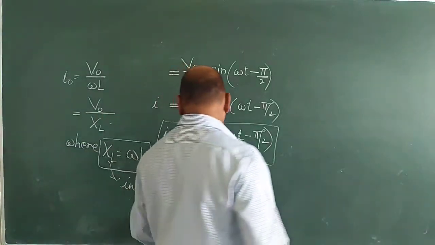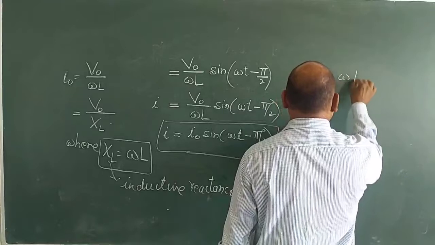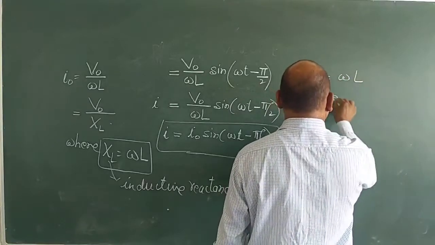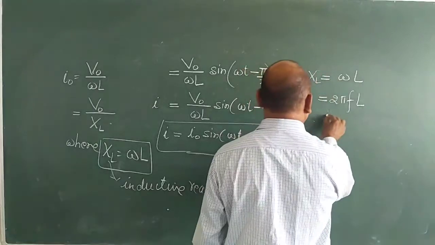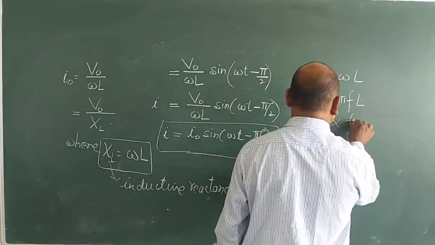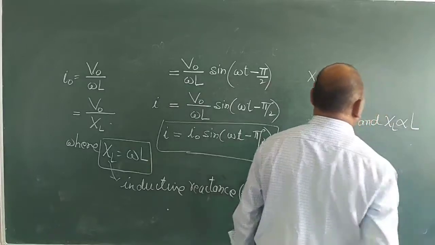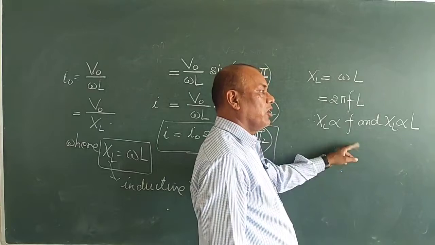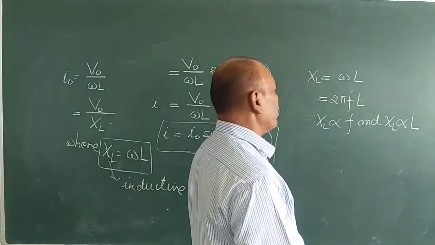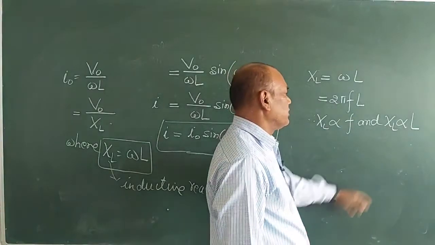Now, XL is equal to omega L, which becomes 2 pi F L. Therefore, XL is proportional to F and XL is proportional to L. If we increase the frequency of the alternating voltage or alternating current, then this value increases.